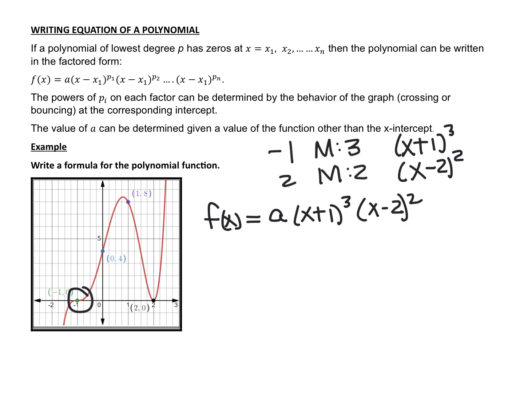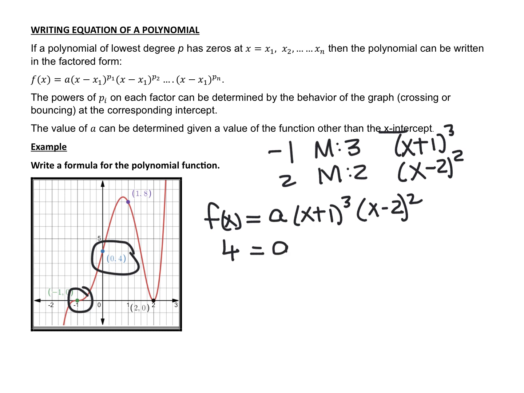Now I just need to pick another point except the x-intercept. I'll just pick this one, (0, 4). I think this is going to be easy if I do that. So y is 4, and I know x is 0.